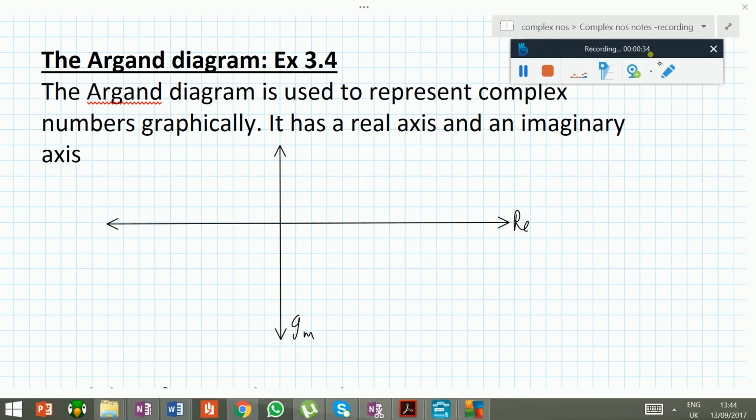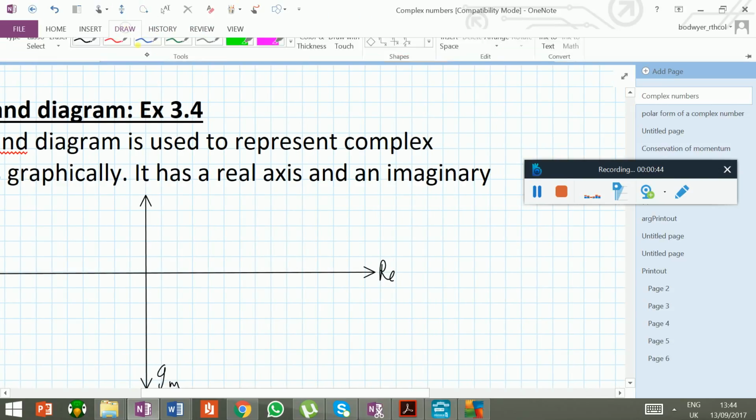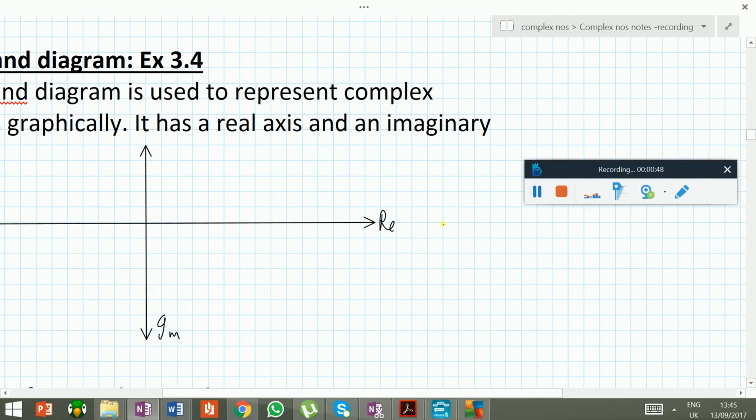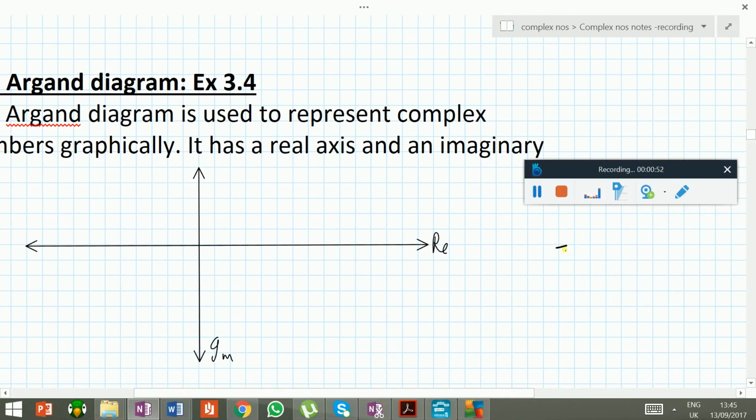And let's say I wanted to represent the complex number, we call it z, equal to 2 plus 3i. Where would that appear on the Argand diagram?